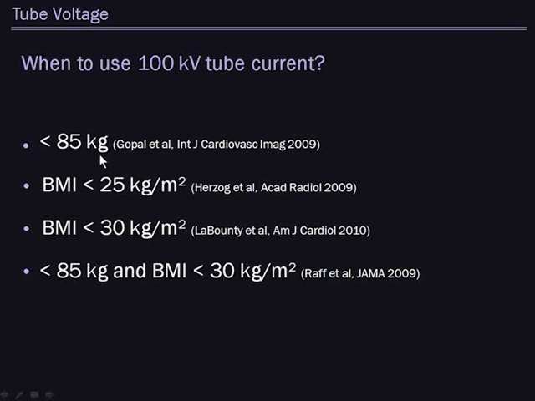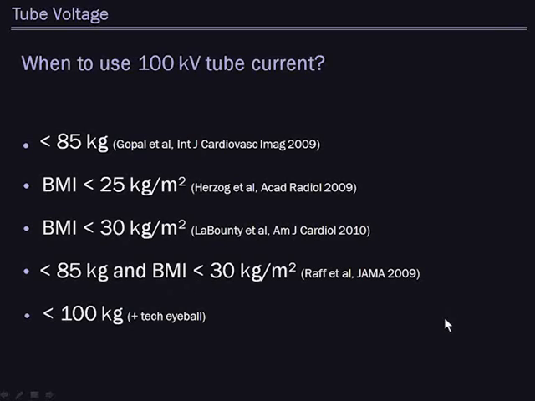For example, 85 kilograms body weight has been suggested. Other authors have used body mass index to define the threshold, for example, BMI less than 25 kilograms per square meter, or less than 30. One author suggested a combination: body weight less than 85 and BMI less than 30.